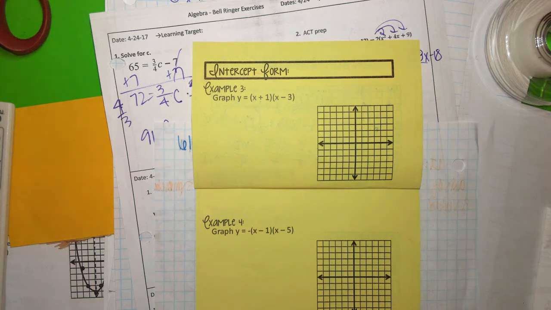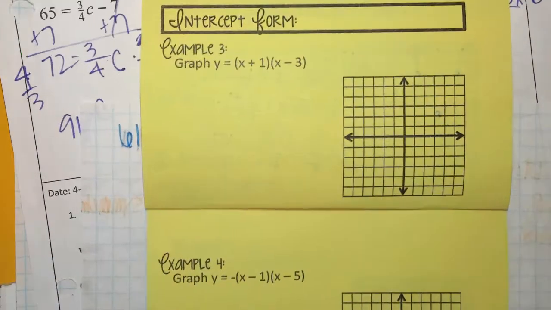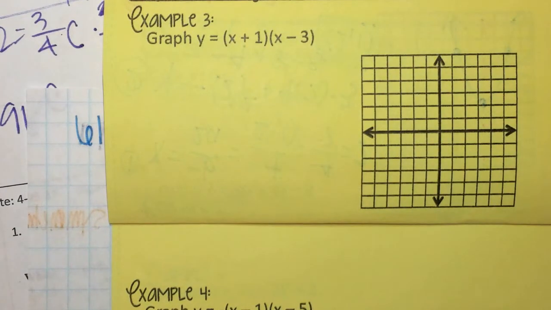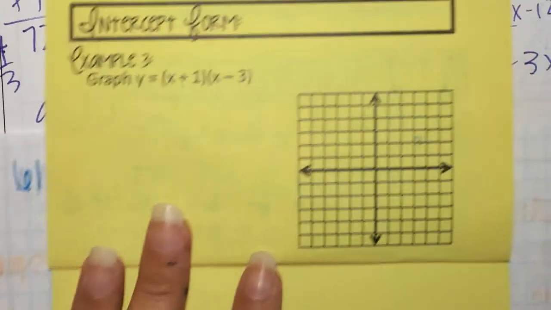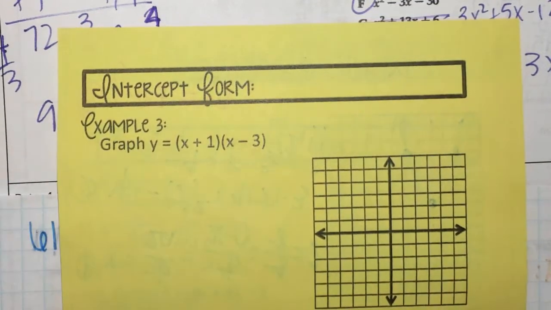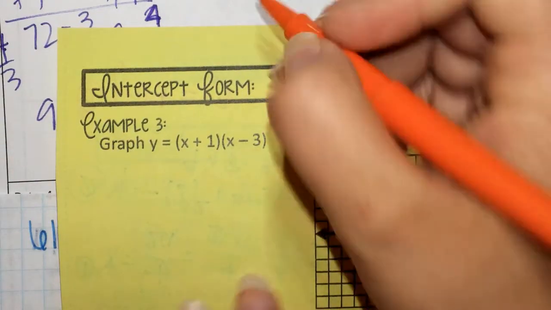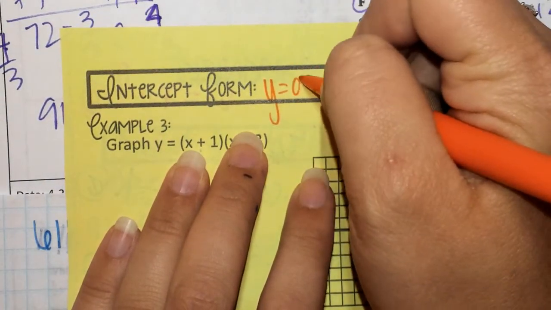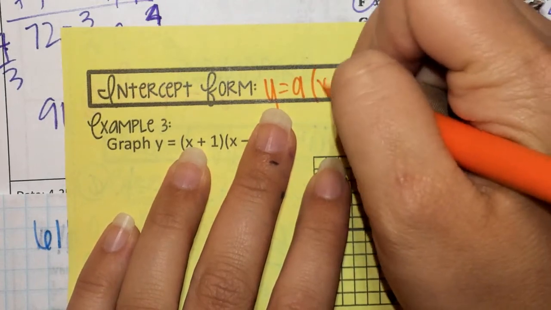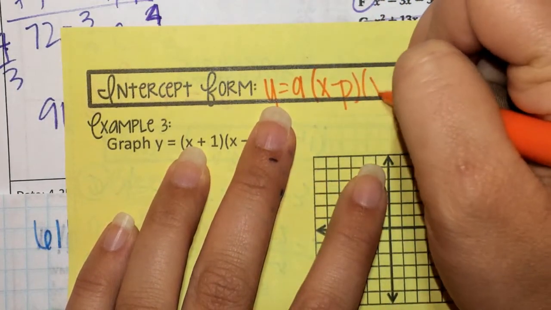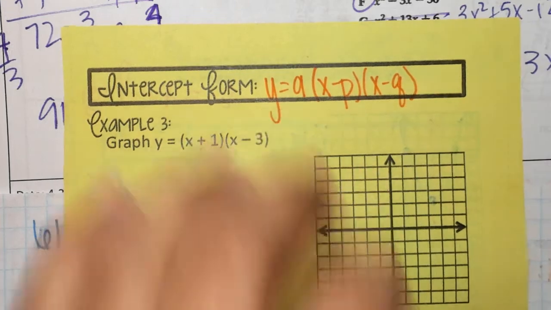is our solutions. So today we're going to be learning how to graph in intercept form, where you graph your x-intercepts, aka your solutions. Intercept form is written as y equals a times x minus p times x minus q.